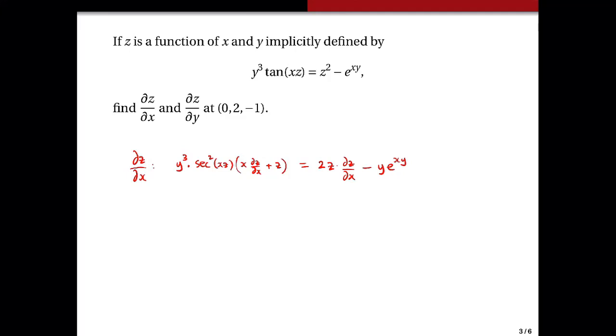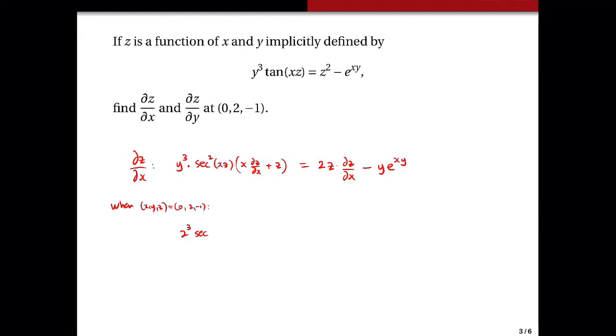Then let's evaluate at this point here. So here we will have, let me just write that. When we have x, y, z equals 0, 2, -1, we will have 2 cubed secant squared of 0 times -1.